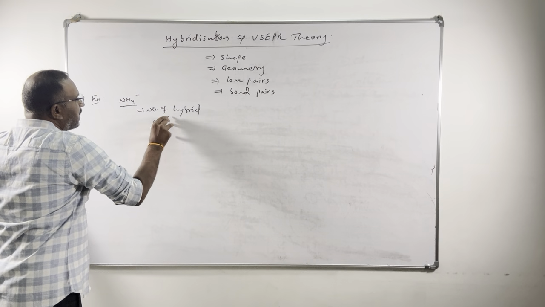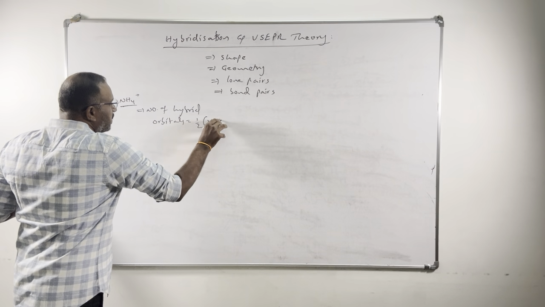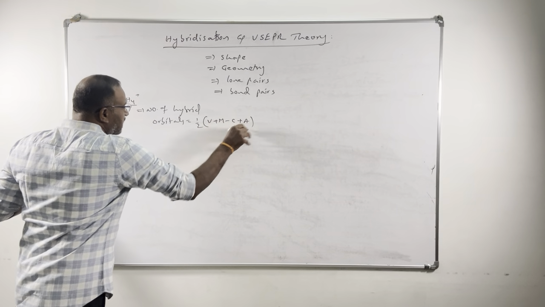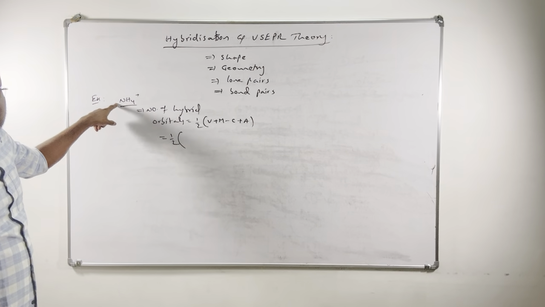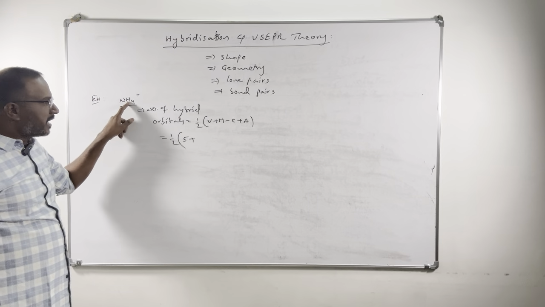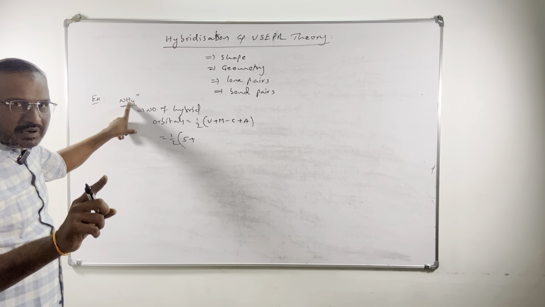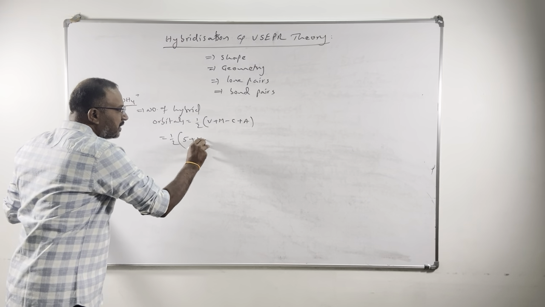Number of hybrid orbitals equals 1 by 2 (V plus M minus C plus A). Nitrogen is the central atom, valence electrons are 5. Hydrogen can form only one bond, a single bond, so they are 4 in number.